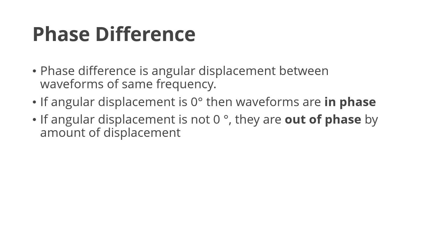If the angular displacement is not 0 degrees, then we can tell that one is out of phase by a small or a certain amount of displacement.